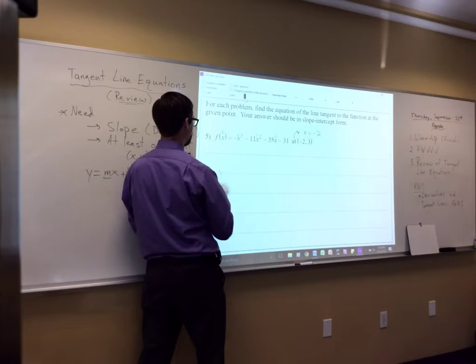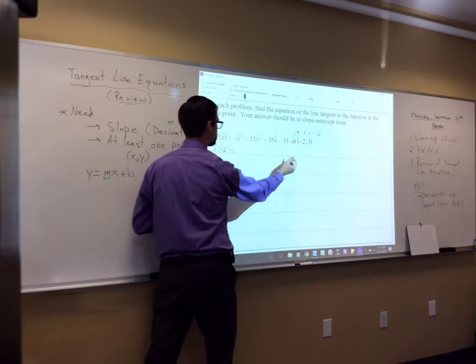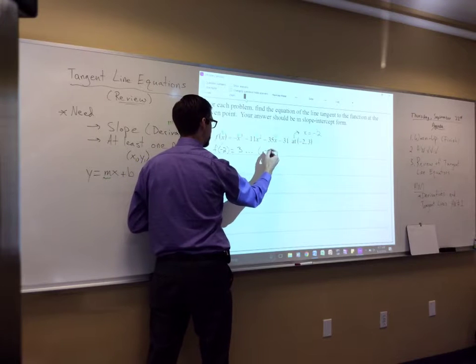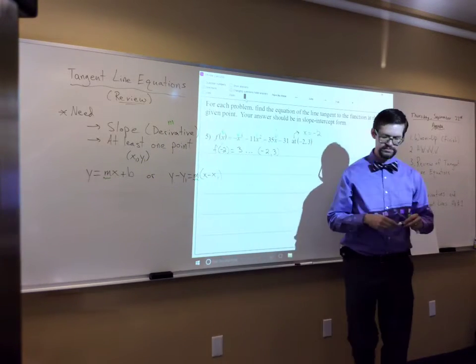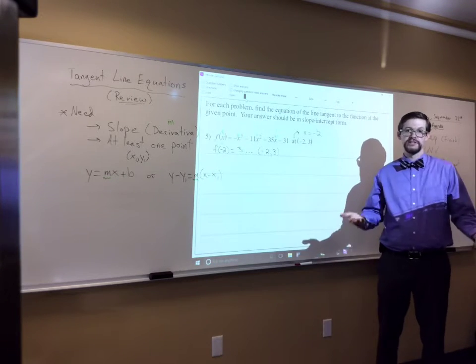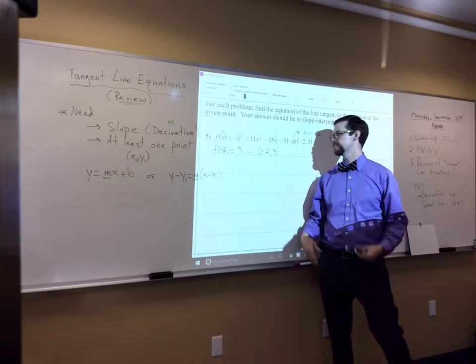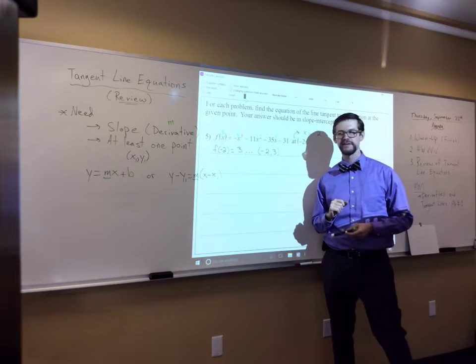And it would have spit out f of negative 2 equals 3. So I have this point, negative 2, 3. We didn't have to do that. You could plug that in to verify it if you want. If you don't quite believe the y value is 3, just push pause and check it yourself.